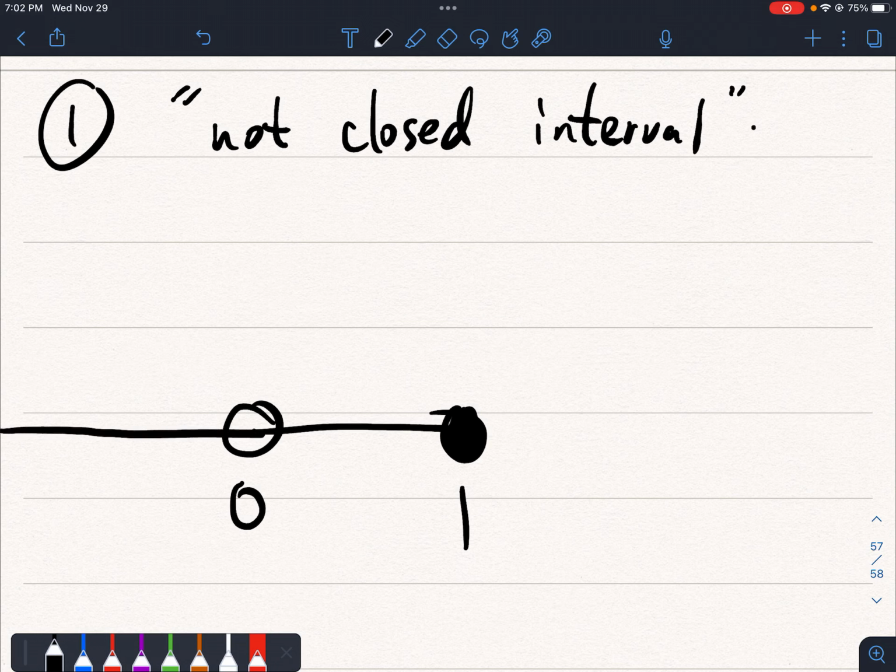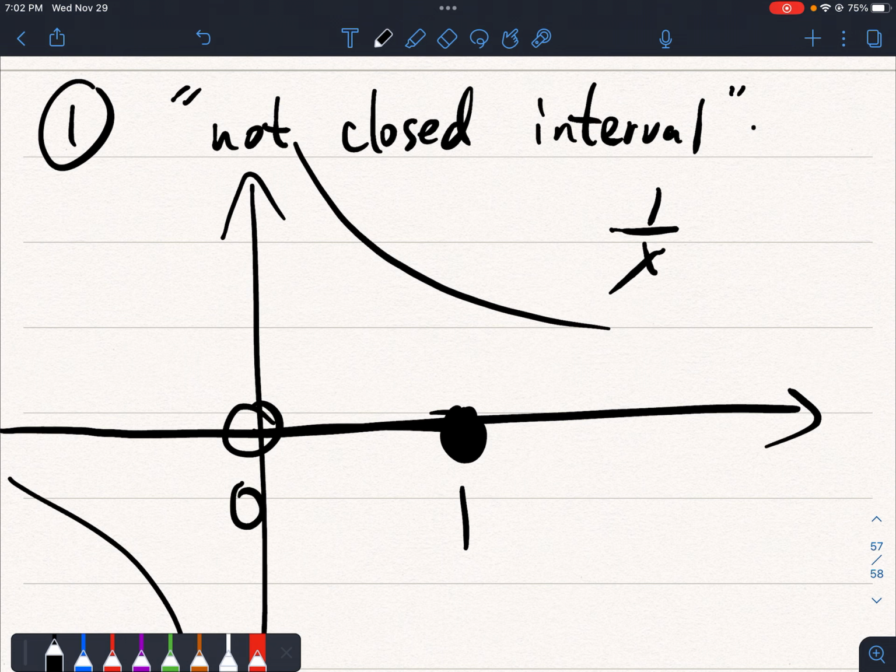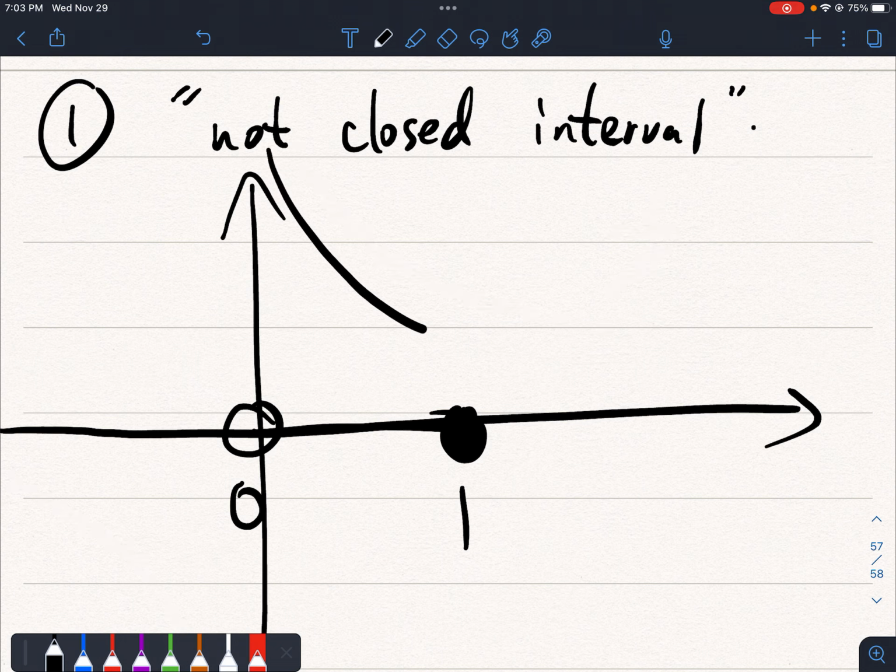I will not assume that either endpoint is attained in the interval. Even when only one endpoint is missing, this will cause a problem. We will look at the graph of 1 over x.